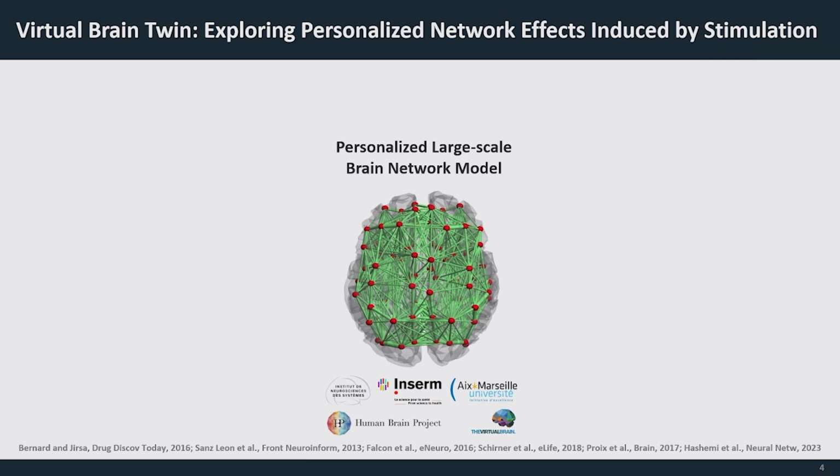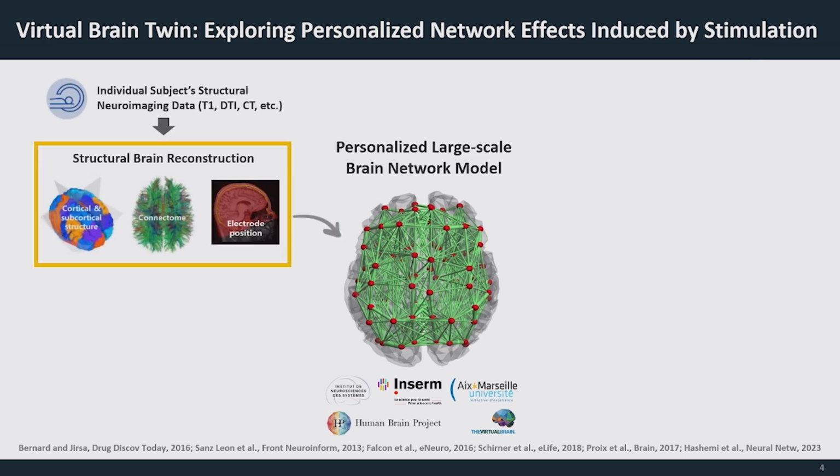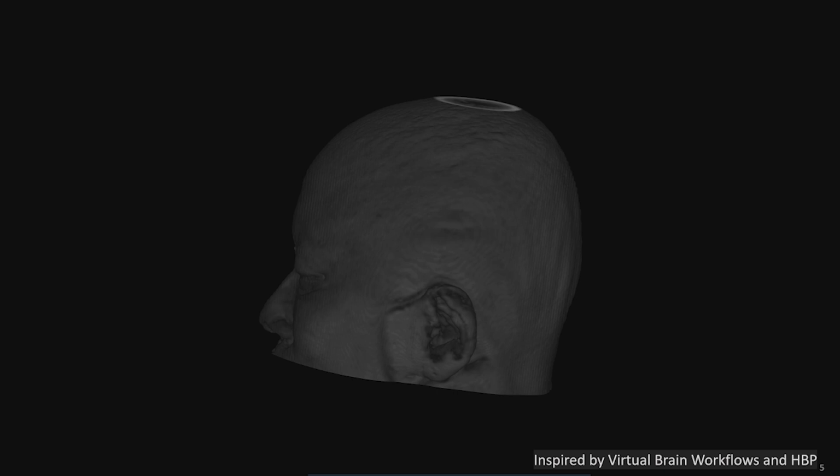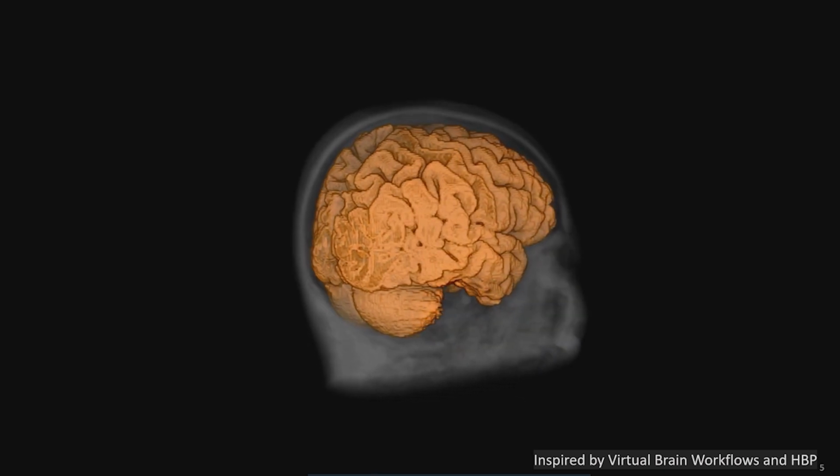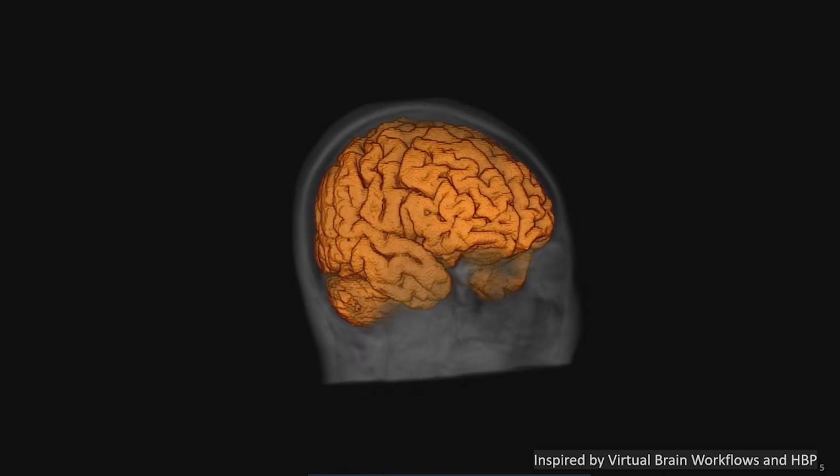So just briefly to introduce the workflow of the traditional personalized virtual brain modeling. First, we need structural brain reconstruction based on individual MRI data. So this movie was constructed from my brain images, inspired by the virtual brain and human brain project workshop. From the T1 weighted images, the cortical and subcortical structures are reconstructed.